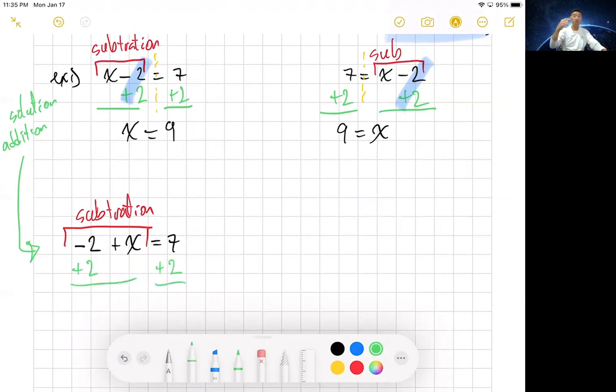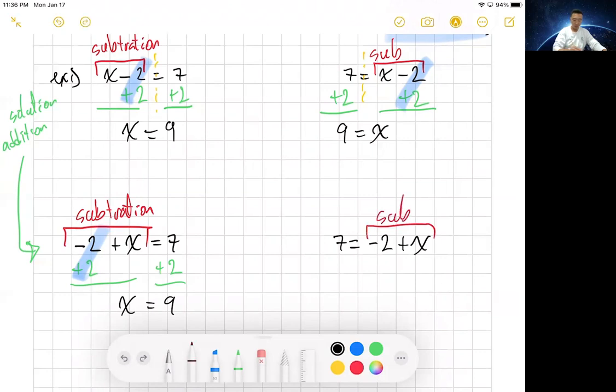So watch out for this type of layouts. Okay, don't fall for it. It's not a trick. This is still an addition solution problem, which is 9. Okay, same thing here. 7 equals negative 2 plus x. This is still a subtraction problem.